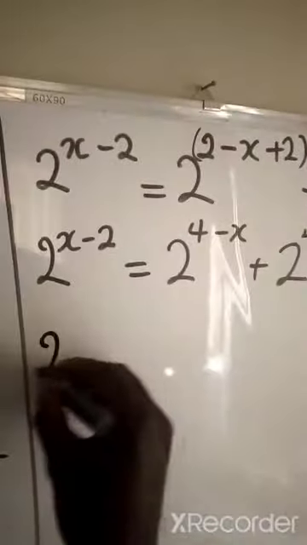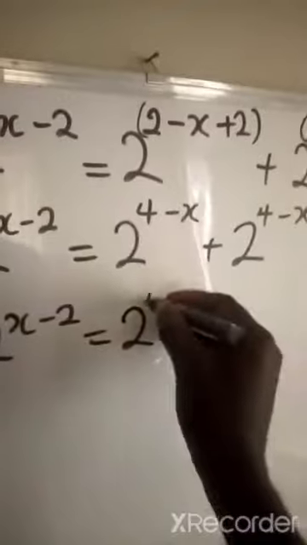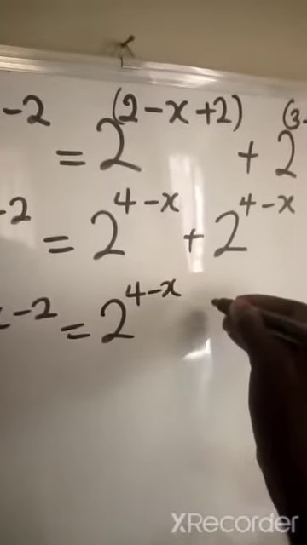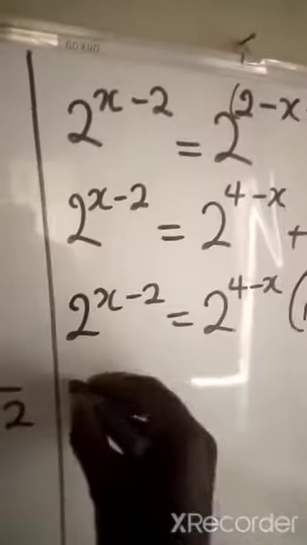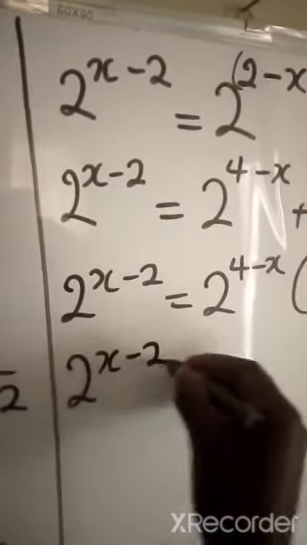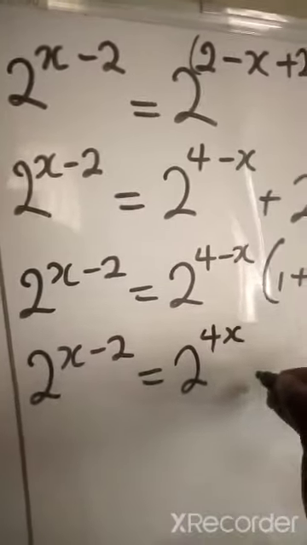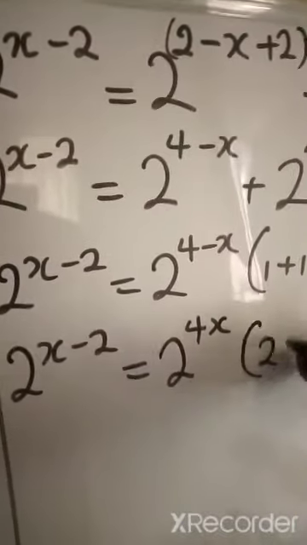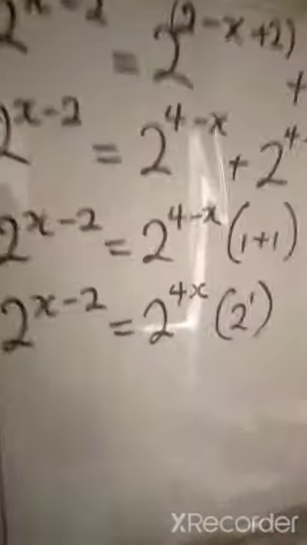So you can factorize to have something like this, 1 plus 1. So this will give us 2 raised to the power of x minus 2 is equal to 2 raised to the power of 4 minus x, times 2 raised to the power 1, which is the same thing as 2.